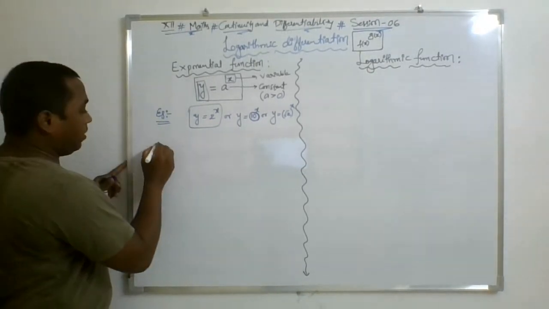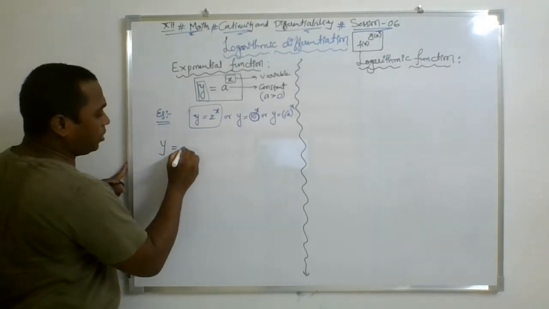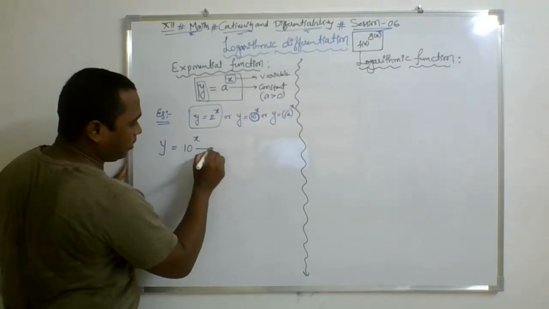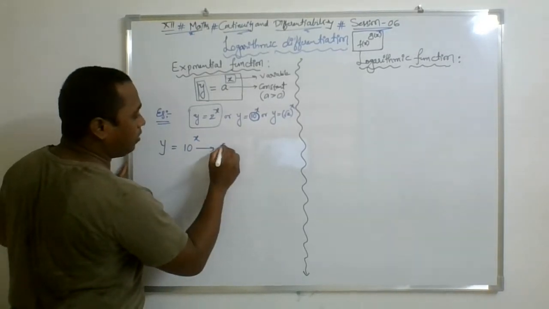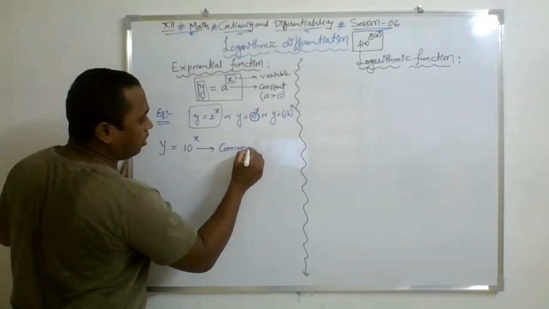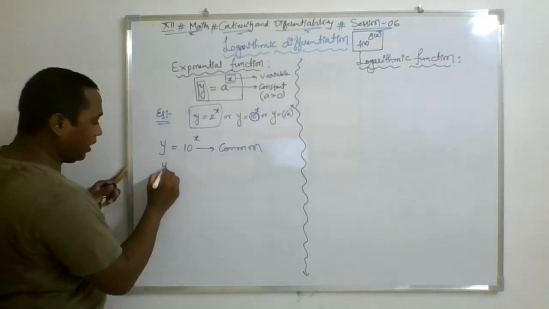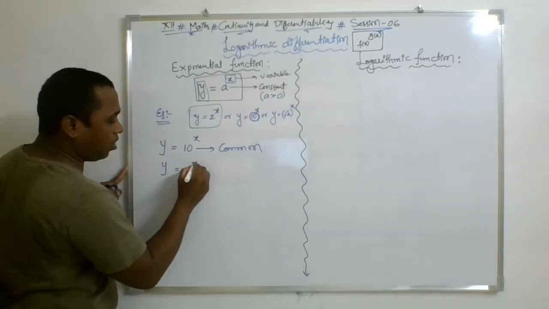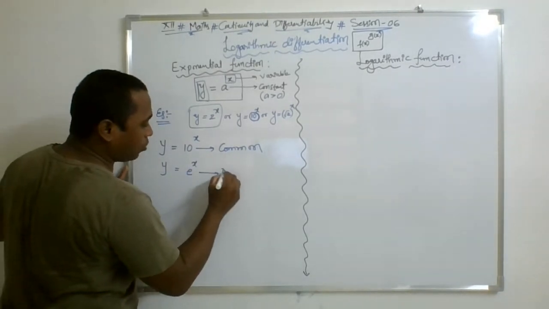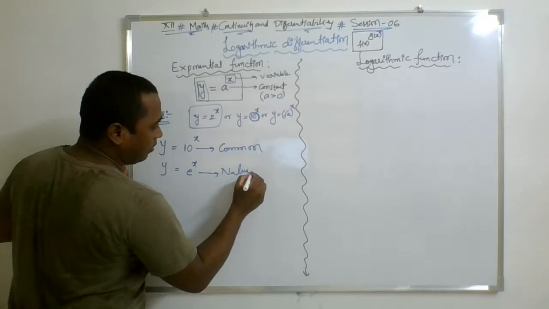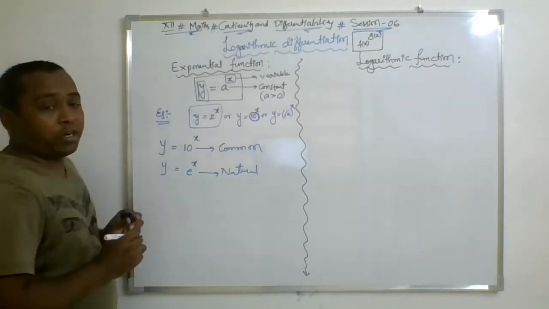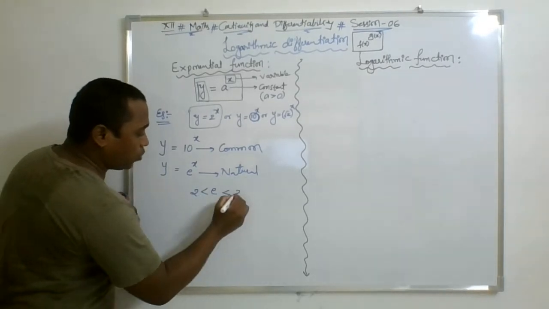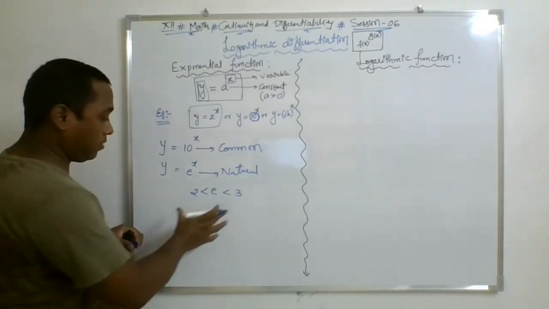So, what I'm saying here is, if the exponential function is defined as 10 to the power of x, here the base is 10, and it's called the common exponential function. Instead of 10, if you take the constant e, which is called the Euler number, then it's called the natural exponential function, where the value of e lies between 2 and 3.